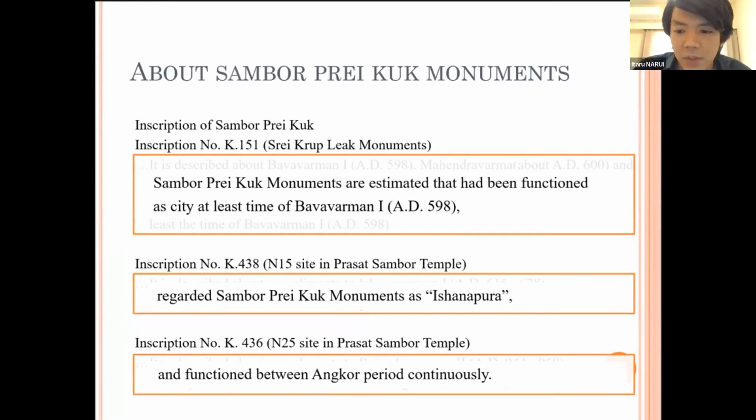That is, Sambor Prei Kuk monuments are estimated to have functioned as a city at least from the time of Bhavavarman I, and are regarded as Ishanapura, and functioned continuously into the Angkor period.